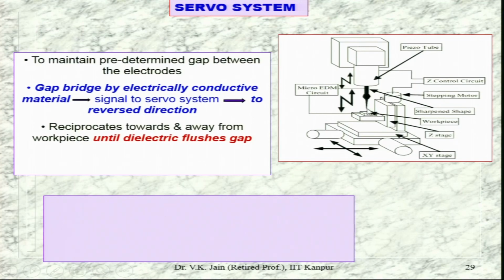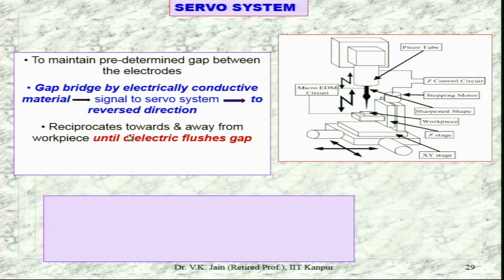What happens here? This is the tool, this is the workpiece. Now, if the material removed from the workpiece bridges the gap between the tool and the workpiece, then a short circuit will take place. To avoid this short circuit, a signal is sent to the servo system, and the servo system will move the tool upward, so that the conductive debris is flushed out by the dielectric.